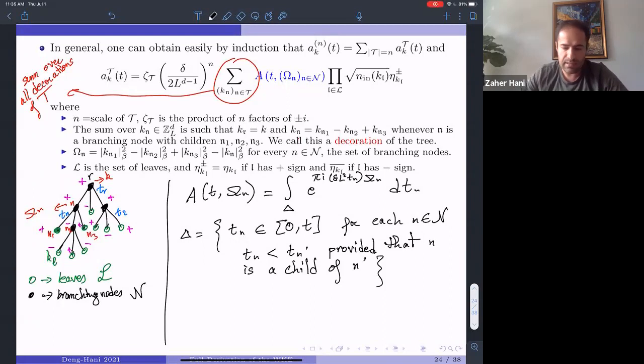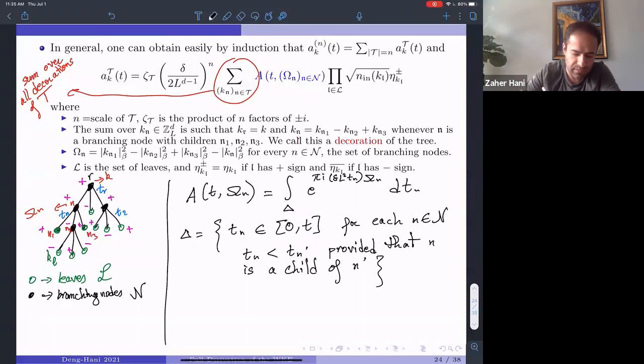Just to back up and go a little more slowly: for each branching node, you have a time variable in this set delta. Those time variables are all in the interval [0,t], and they are arranged such that the time variable t_n is less than t_n prime, provided n prime is a child of n.